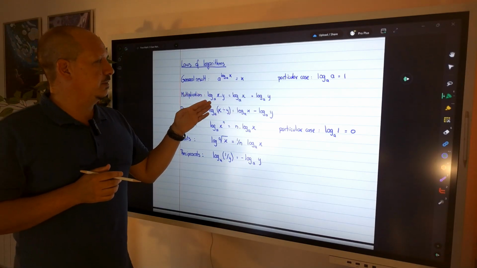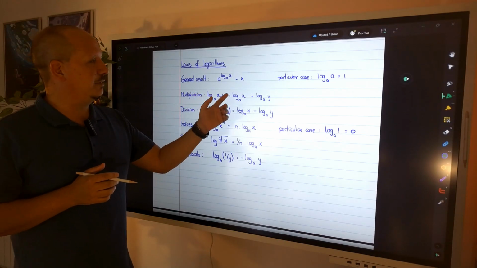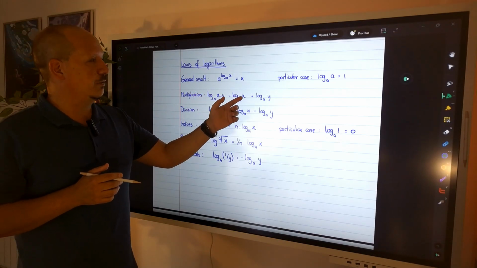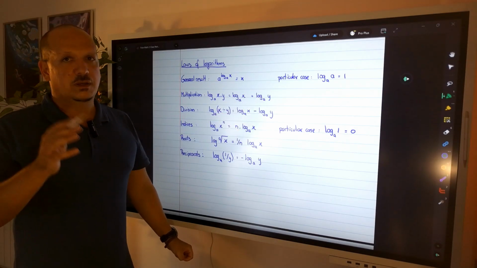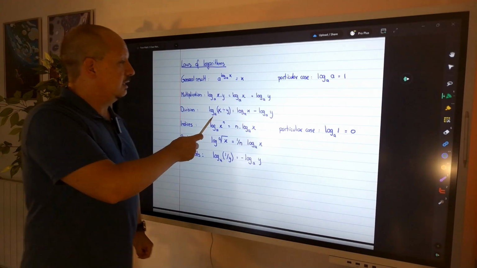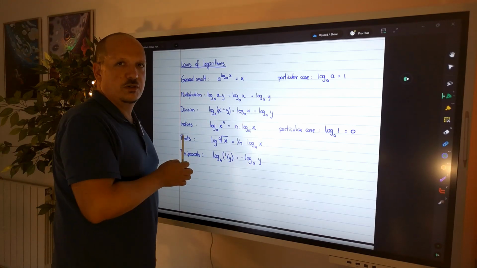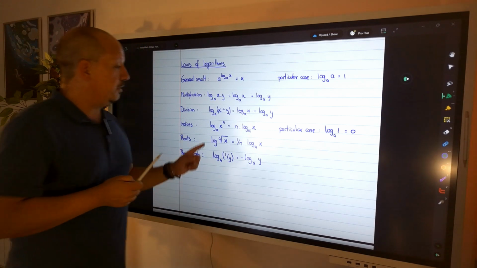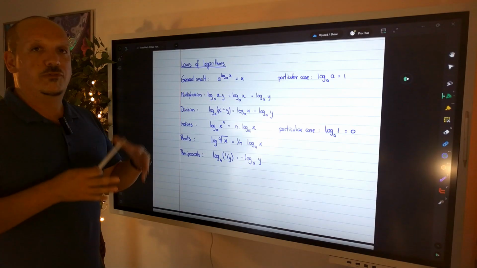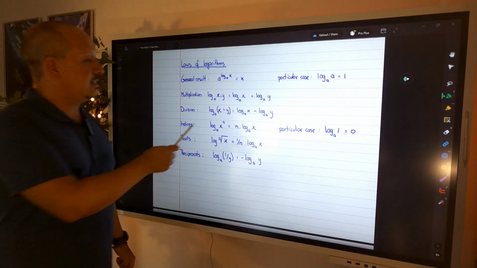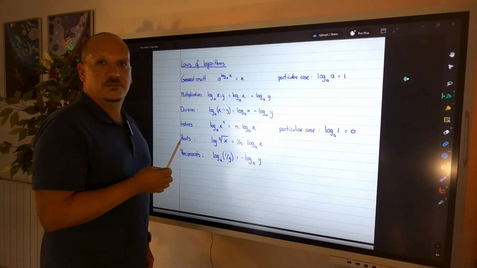If you have the logarithm base a of a product of two things, this is the same thing as having the logarithm base a of one of the things plus the logarithm base a of the other thing. Similarly, for the division, the same thing happens, but now with a minus, a subtraction of the two logarithms. If you have now a logarithm base a of x to the power of whatever number, then this is equal to that number times the logarithm base a of x.